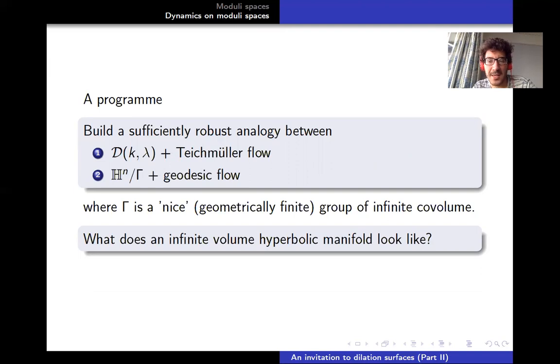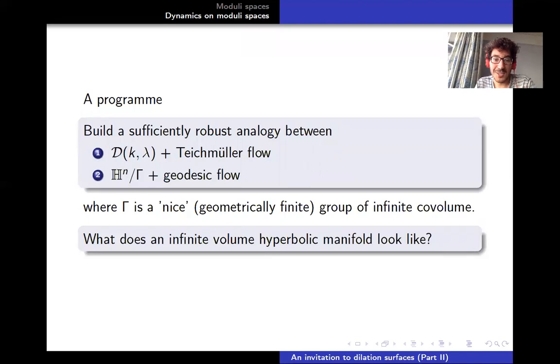So an interesting research program would be to build a nice analogy between those dilation surfaces with their Teichmüller flows, and hyperbolic manifolds with infinite volume and their geodesic flow. And why would you want to build such an analogy? Because in the hyperbolic case, we understand very well, and we have theorems already, so we'll come to that.